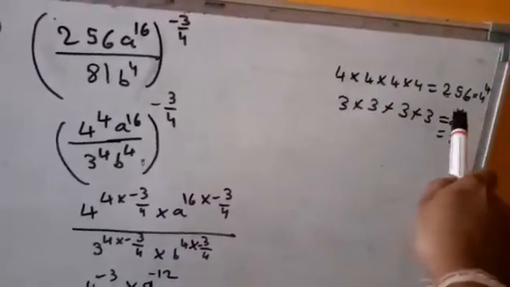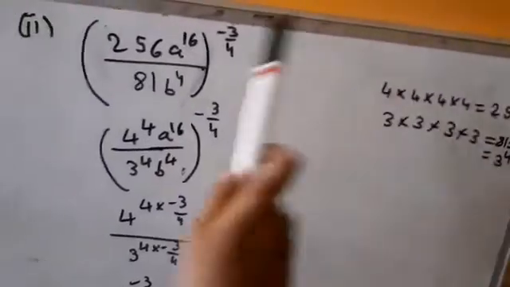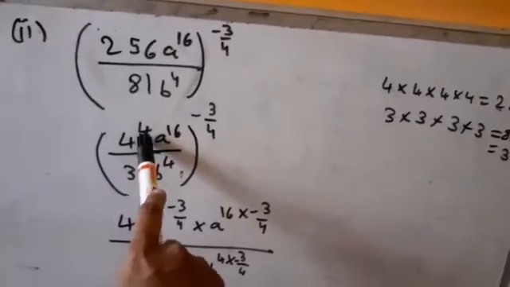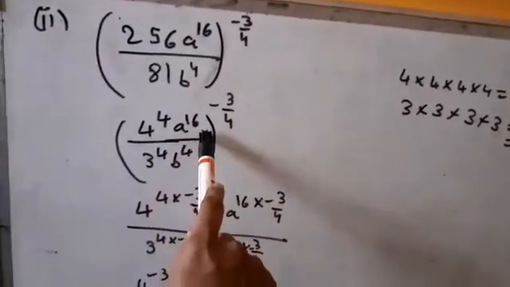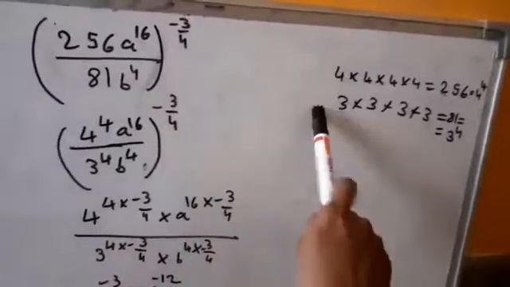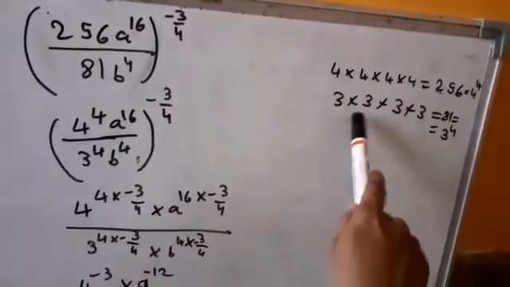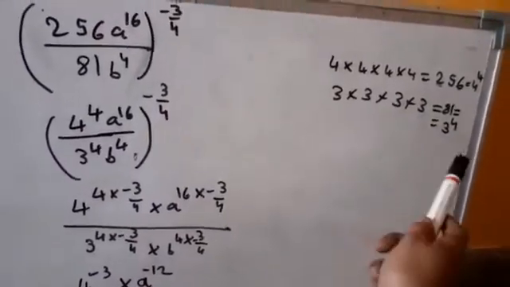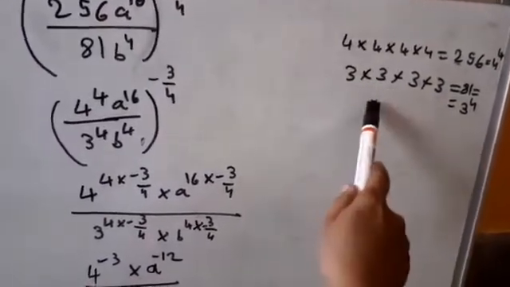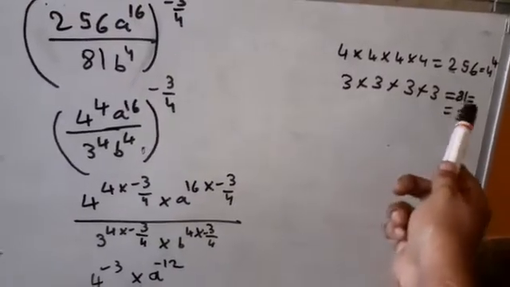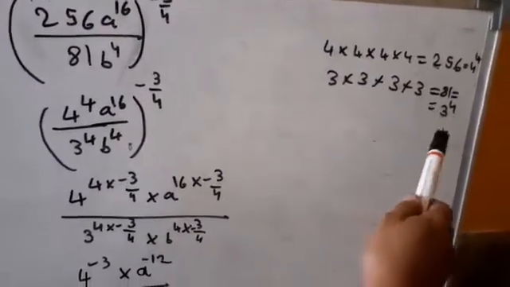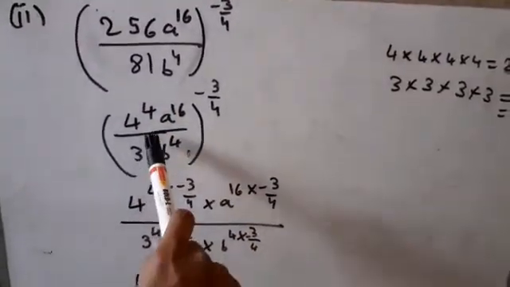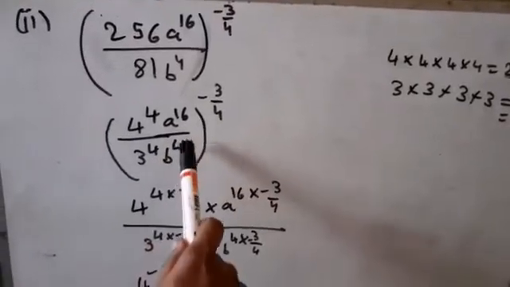So 256 we can write as 4 to the power of 4 into a to the power of 16, divided by again, 81 we can write as 3 into 3 into 3 into 3, 3 to the power of 4, 4 times multiplied. 3 threes are 9, 9 threes are 27, 27 threes are 81. So 81 we can write as 3 to the power of 4 into b to the power of 4.